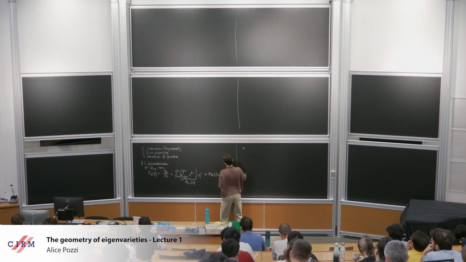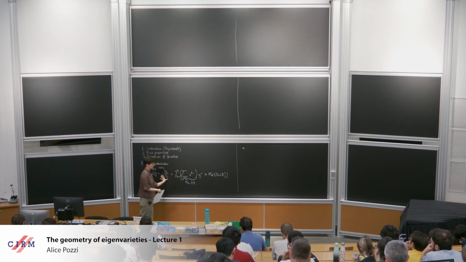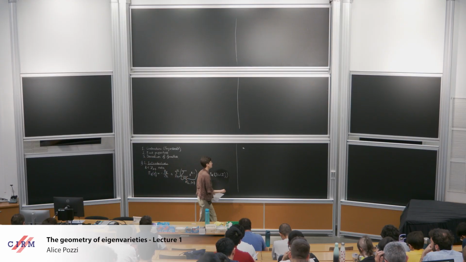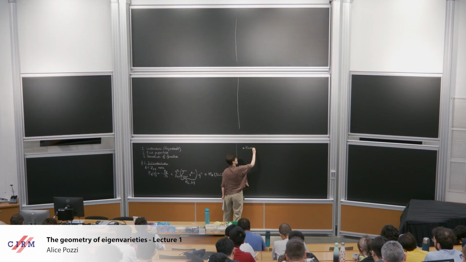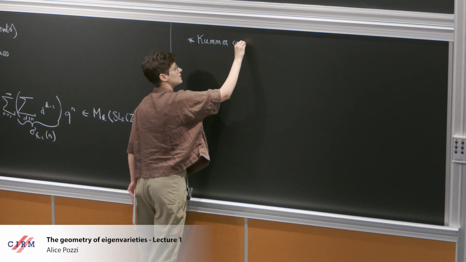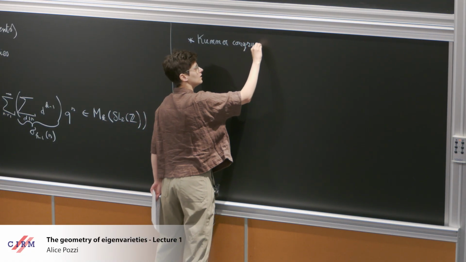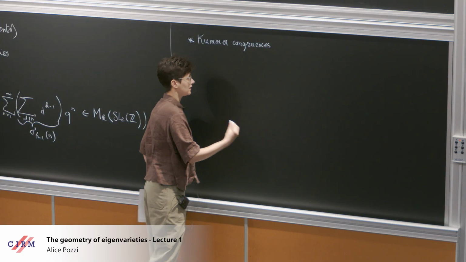So for the first, the constant coefficient, we have the very famous Kummer congruences as the weight varies.